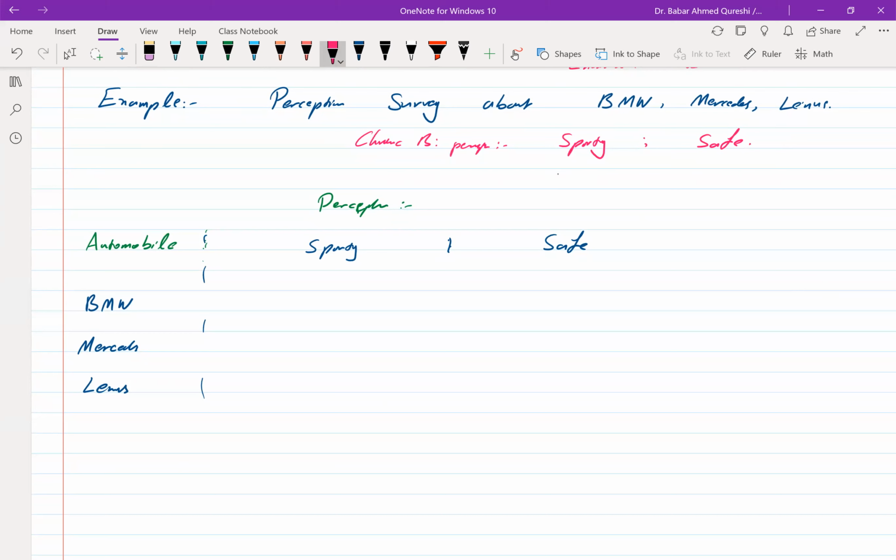So now these people were told this brand BMW. 256 said sporty and 74 said safe. So how many people were asked? 330.